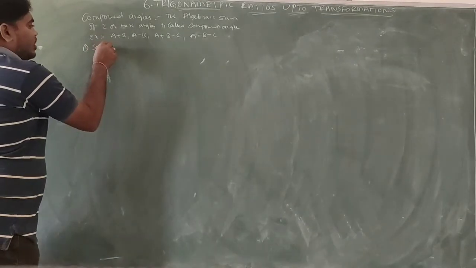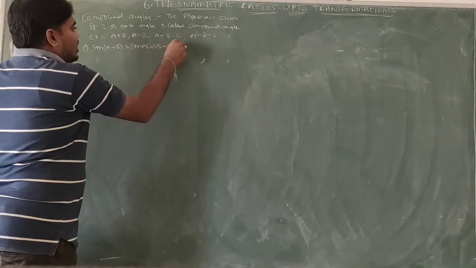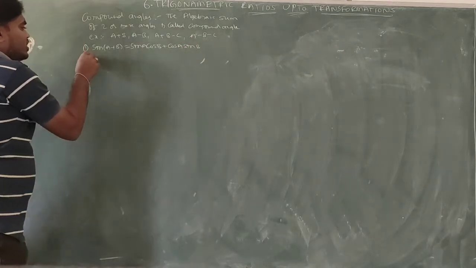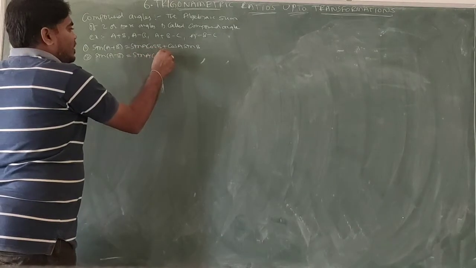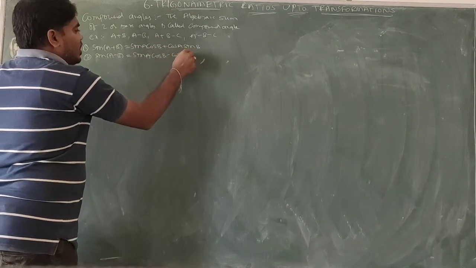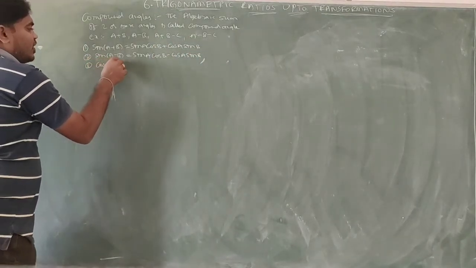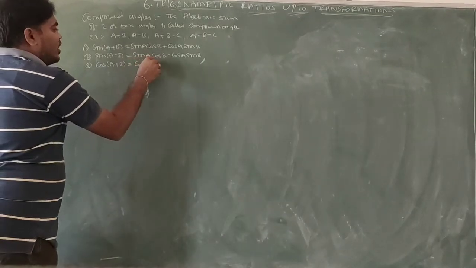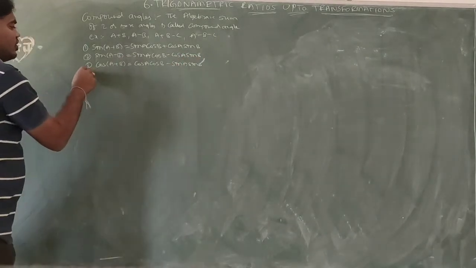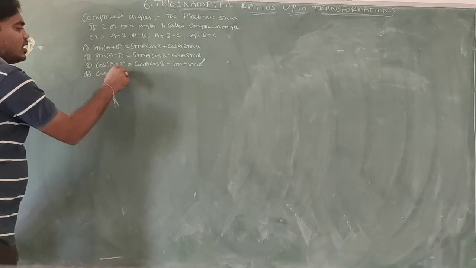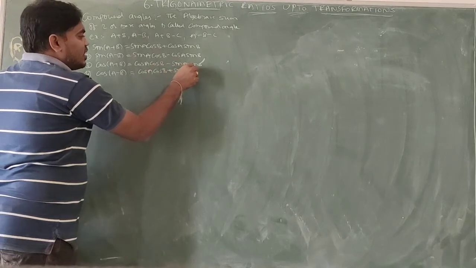Sin of A plus B equal to sin A cos B plus cos A sin B. Sin of A minus B equal to sin A cos B minus cos A sin B. Third, cos of A plus B equal to cos A cos B minus sin A sin B. Cos of A minus B equal to cos A cos B plus sin A sin B.